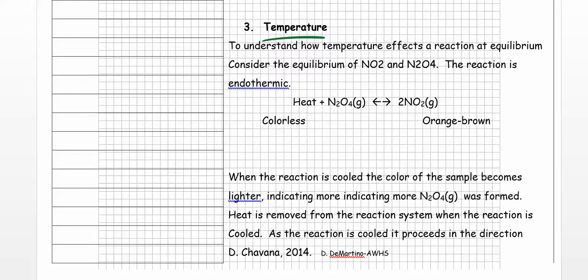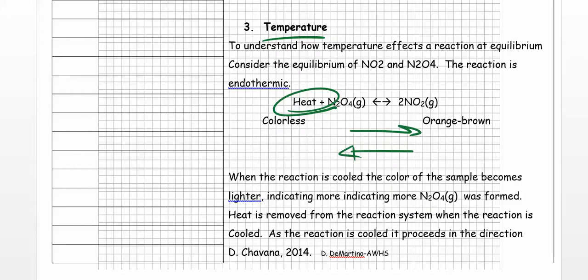That means in the production of NO2 from N2O4 that it requires heat. So heat's on the left-hand side. Well, what happens if I heat up the system? If I were to heat up the system, I would accumulate too much heat and the system would shift to the right. On the other hand, if I were to cool down the system, it would attempt to replace the heat and it would shift to the left.